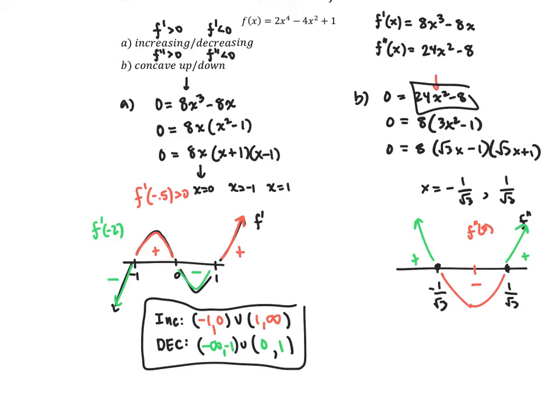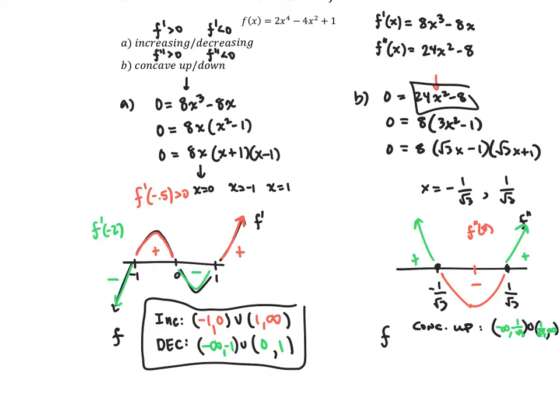Okay, so I could say that the function f of x is concave up where the second derivative is positive. So on the interval from negative infinity to negative 1 over root 3, and then from 1 over root 3 to positive infinity.